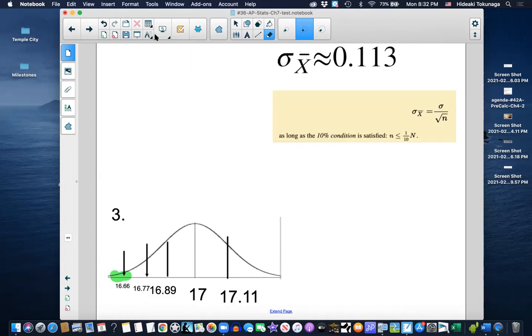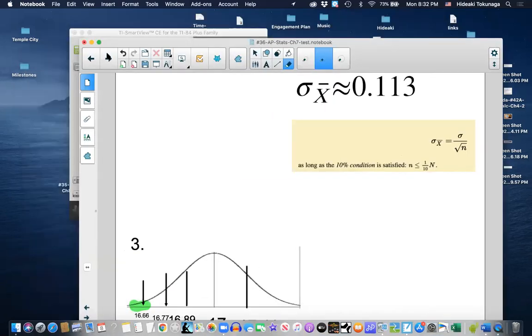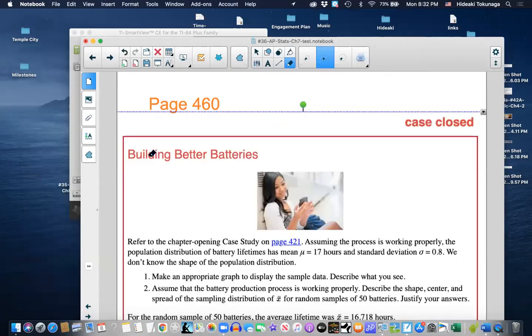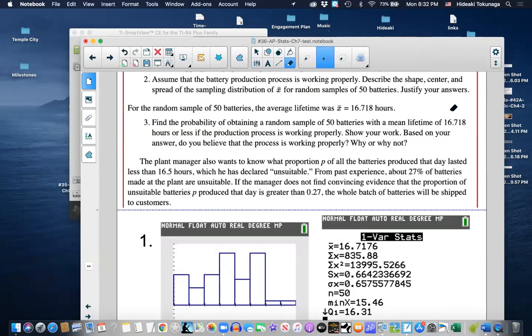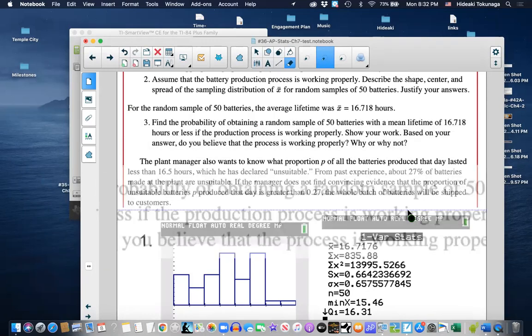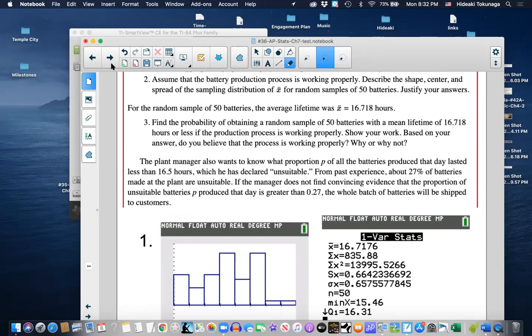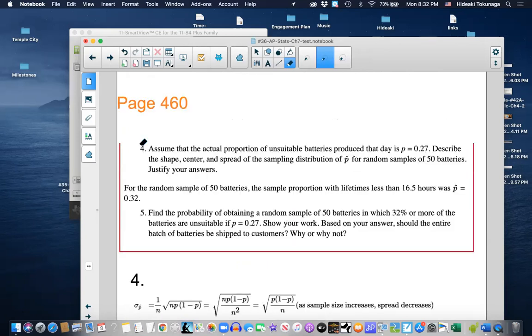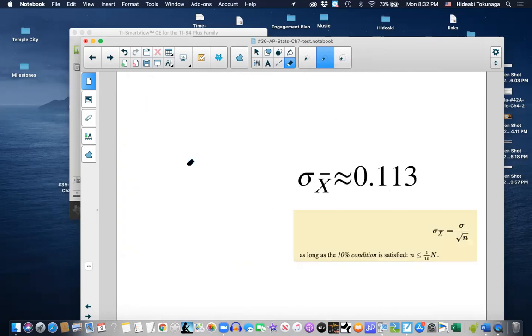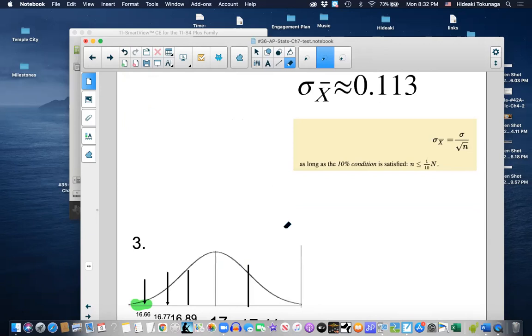So if you run normal CDF, they asked in number 3. Okay, we use this data now, 16.718. Let me cut and paste. Okay, so I will cut and paste here.